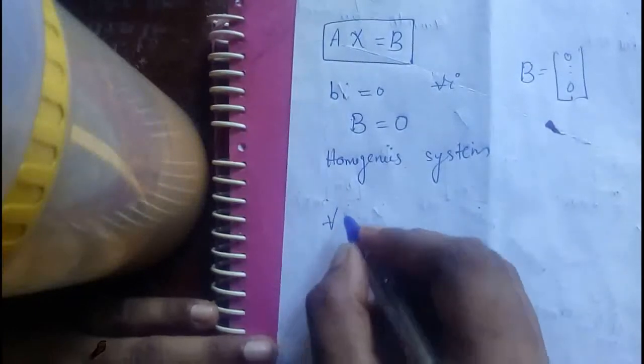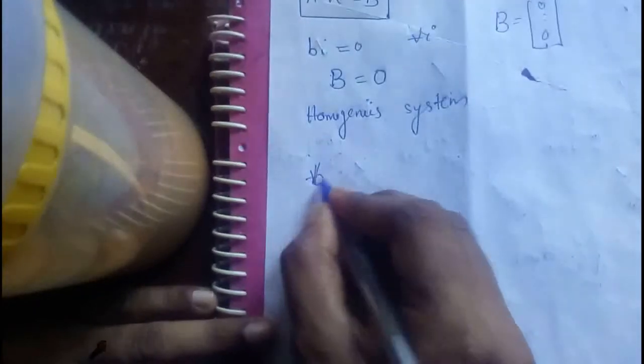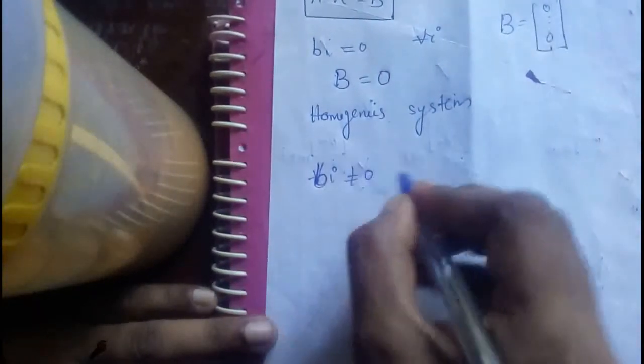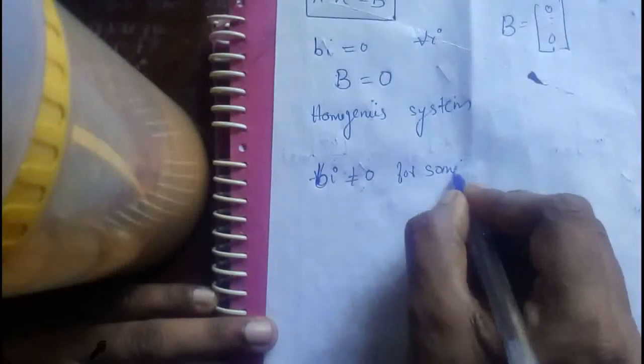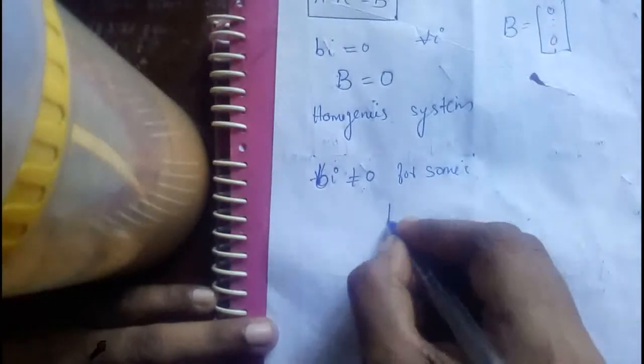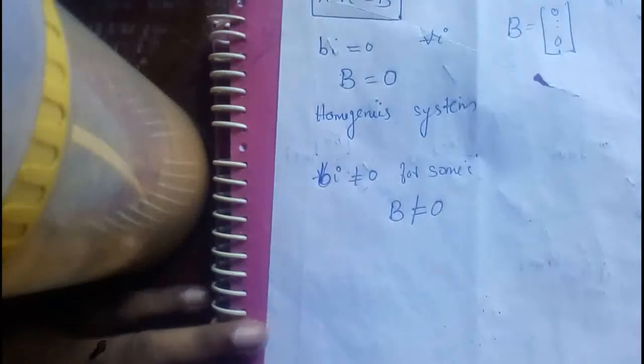If one of the bi is not equal to 0 for some i, that means B is not equal to 0. In such a case, the constant matrix is not equal to 0, and we say the system is non-homogeneous.